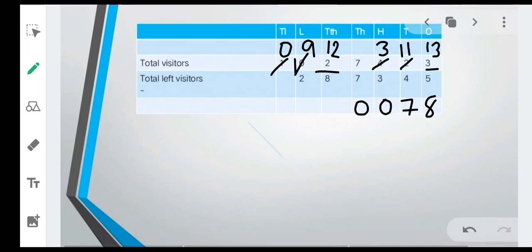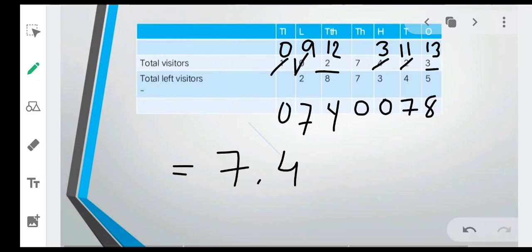So it becomes 12. 12 minus 8, 4. 9 minus 2, 7, and here 0. So students, you can see that our final answer is 7,40,078. So how many total visitors are there? 7,40,078. Got it?